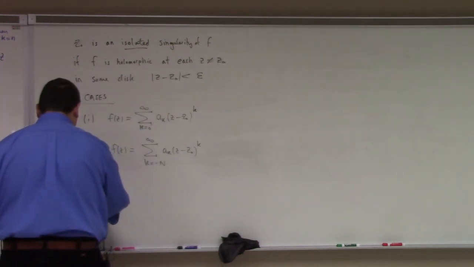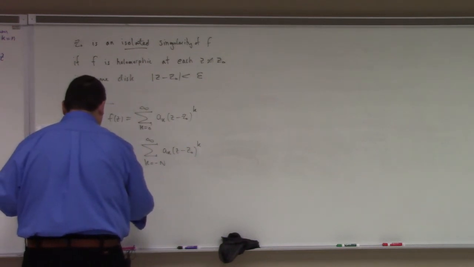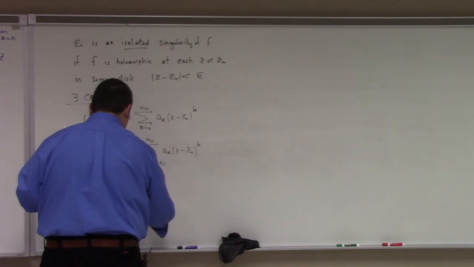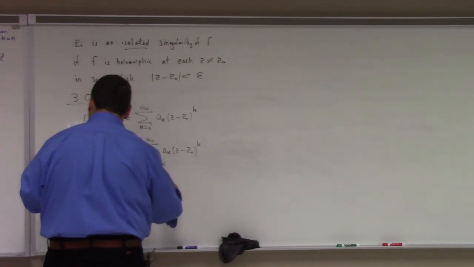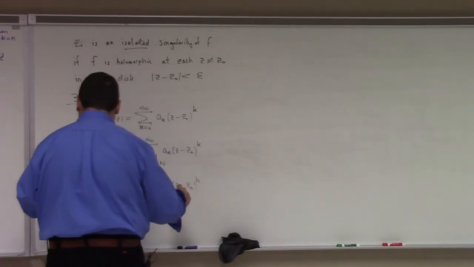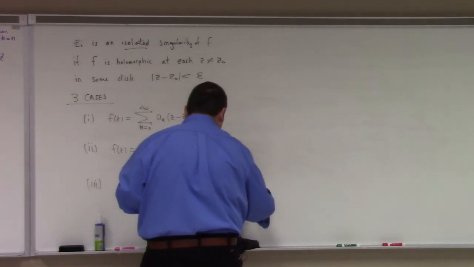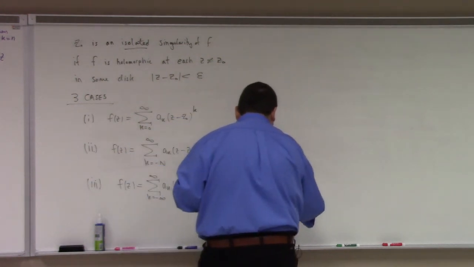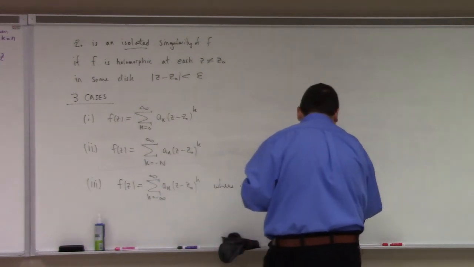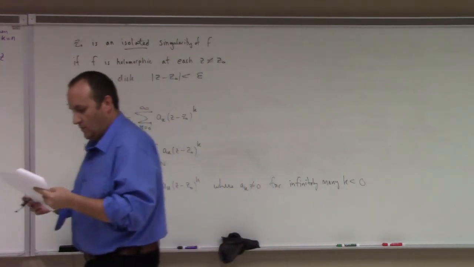Number three, and this is the bad one, f of z equals the sum k equals minus infinity to infinity of a sub k (z minus z naught) to the k, where a sub k is not equal to 0 for infinitely many coefficients with k less than 0. Whoa.